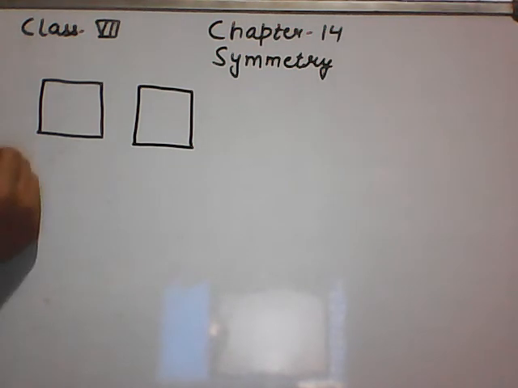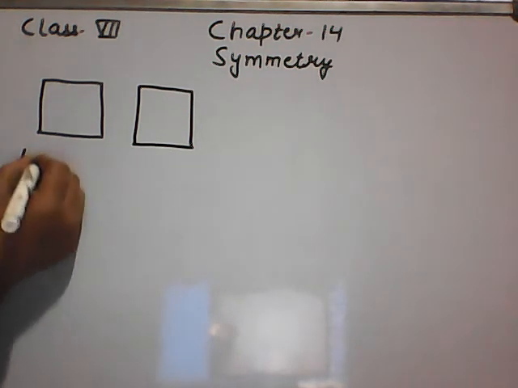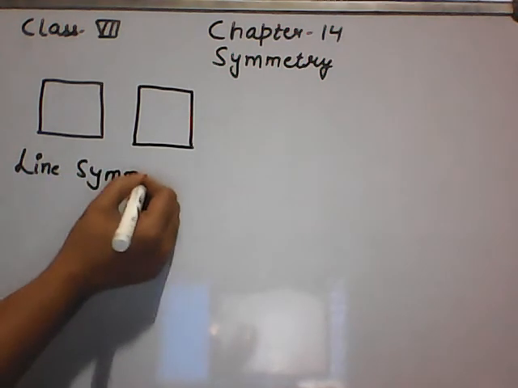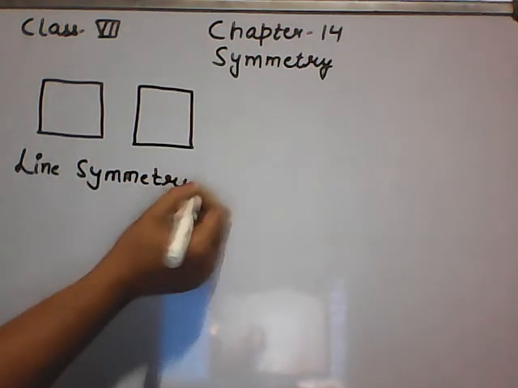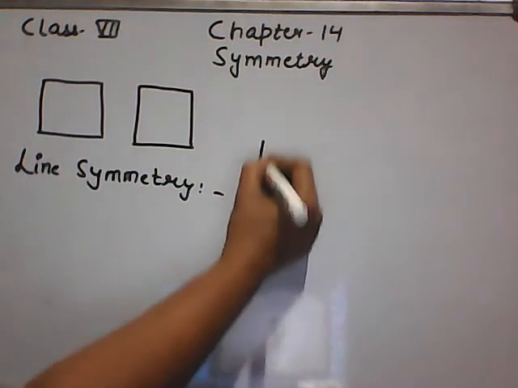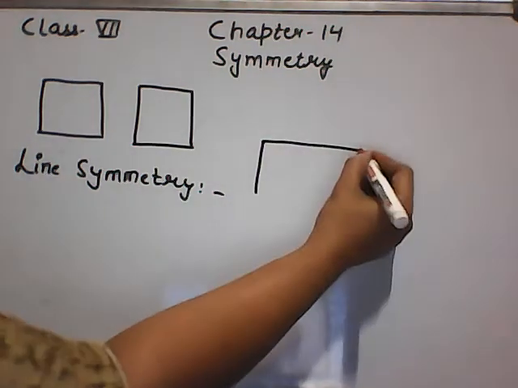Now, what do you mean by line symmetry? Line symmetry means there is a line about which the figure may be folded so that the two parts of the figure coincide. Then this line is called the line of symmetry. Suppose this is a rectangle.